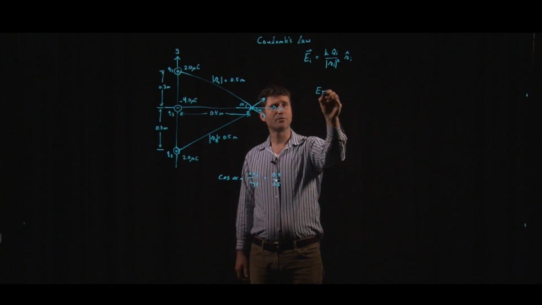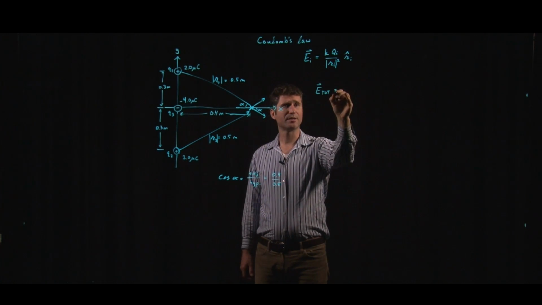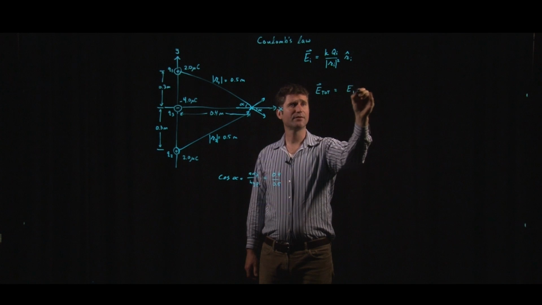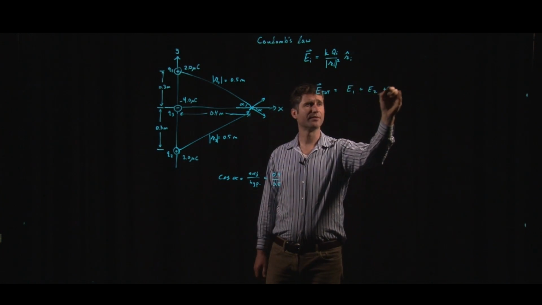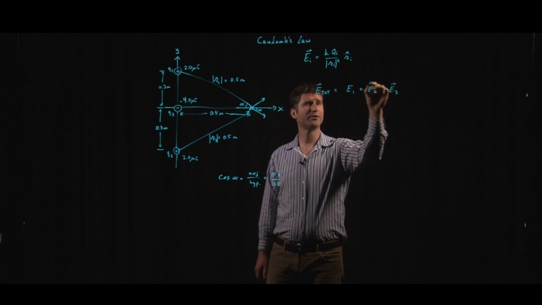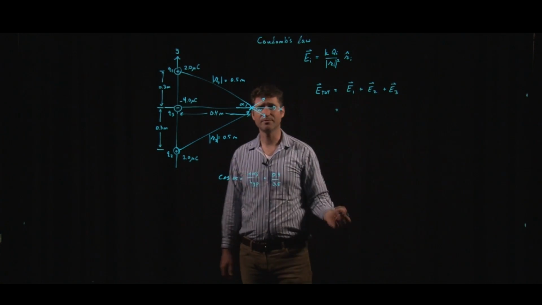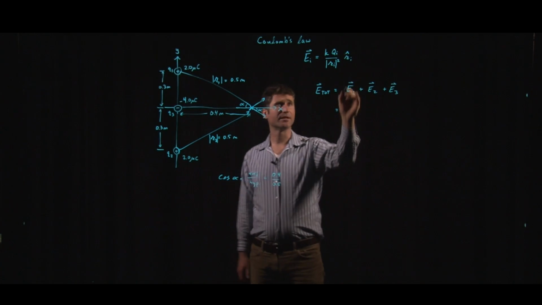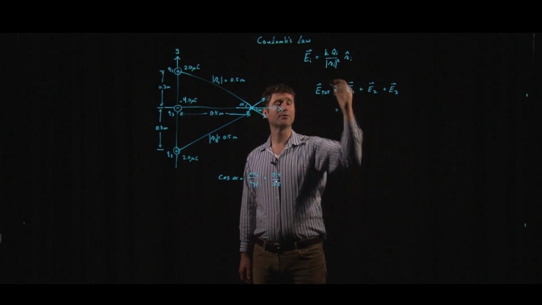The total electric field that we wish to calculate is the electric field from the first charge, the electric field from the second charge, and the electric field from the third charge. And we're going to calculate each of those terms, just applying Coulomb's law.